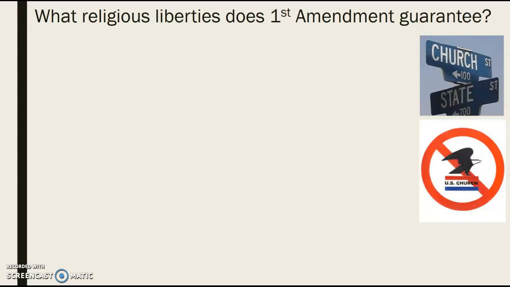And so we can all close our eyes here and make a list and say, oh, well, that's speech, that's assembly, that's freedom of press, oh, and religion. And those are all in the First Amendment. So the First Amendment is incredibly rich and important.